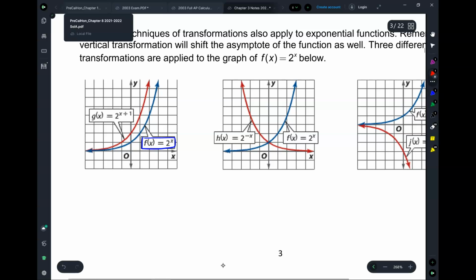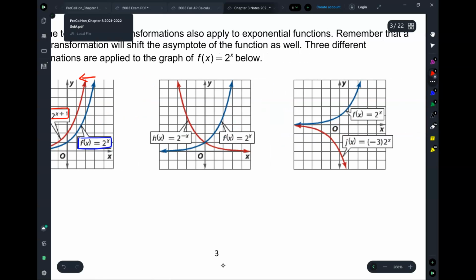The red function is 2 to the x plus 1. Do you see how the plus 1 is added to the x? X is horizontal, so this moves horizontally 1 unit to the left. Okay? Just like all the other ones, the quadratic and so on.